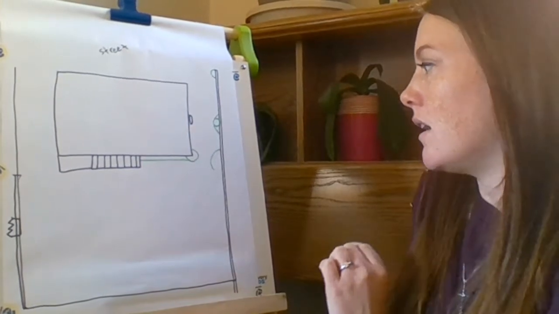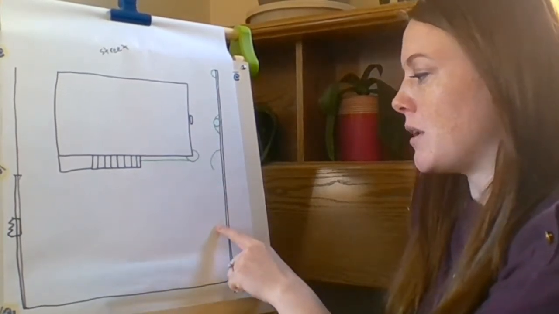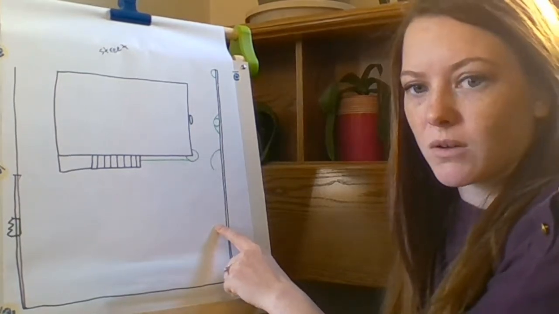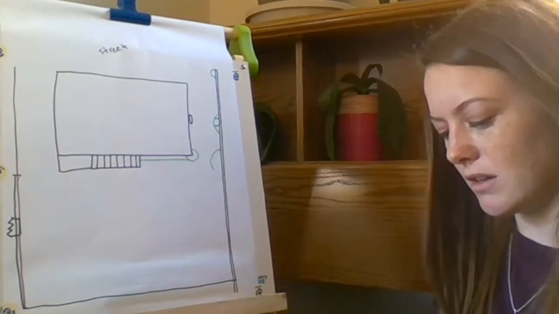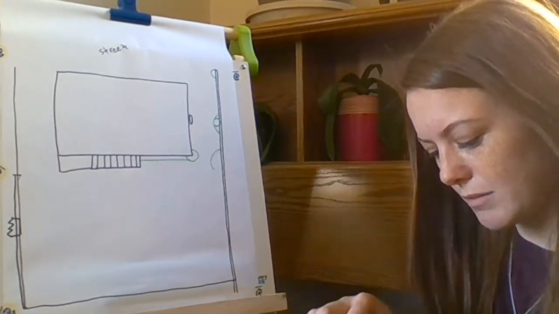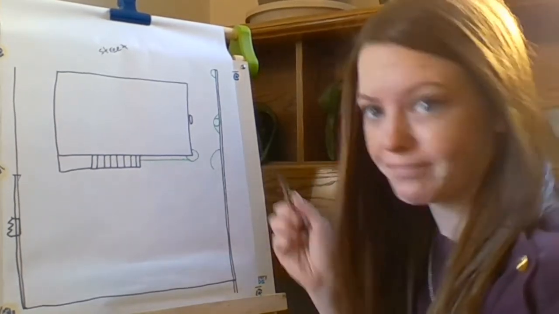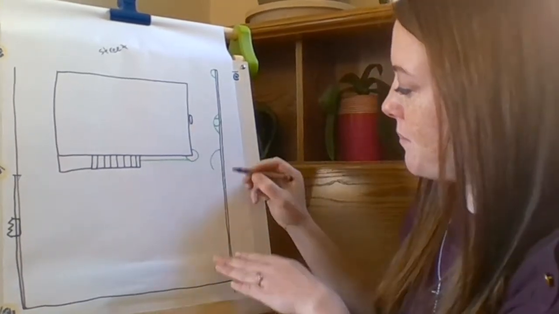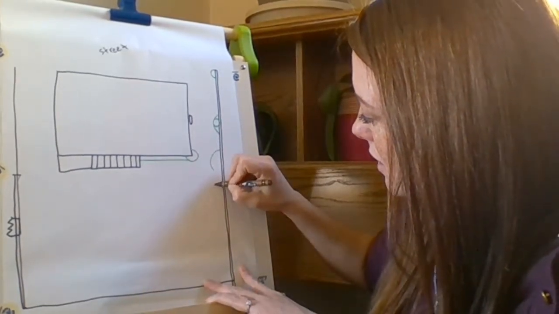Okay, now as we move further down, I had my little pathway that came out here, so I will draw that in, and let me see if I can find a brown. That was about here.